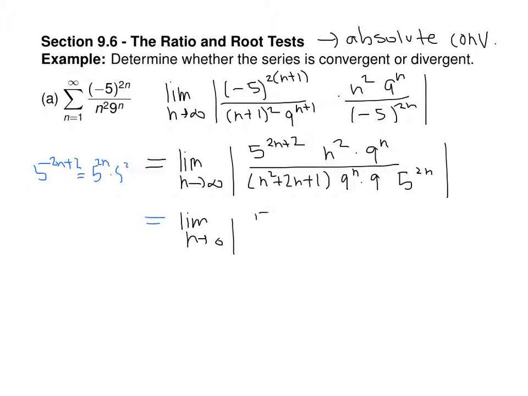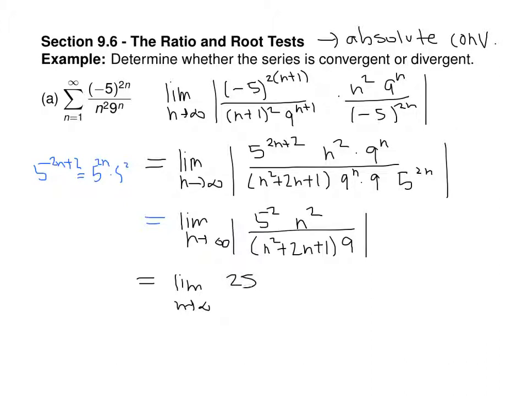We'll have 5 squared, because that 5 to the 2n can cancel with the 5 to the 2n in the denominator. So 5 squared n squared over n squared plus 2n plus 1 times 9, or the limit as n goes to infinity of 25 ninths times n squared over n squared plus 2n plus 1. The limit of n squared over n squared plus 2n plus 1 is 1 as n goes to infinity. So this limit is 25 ninths.